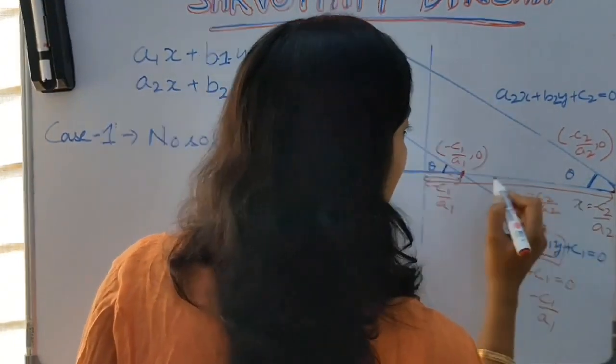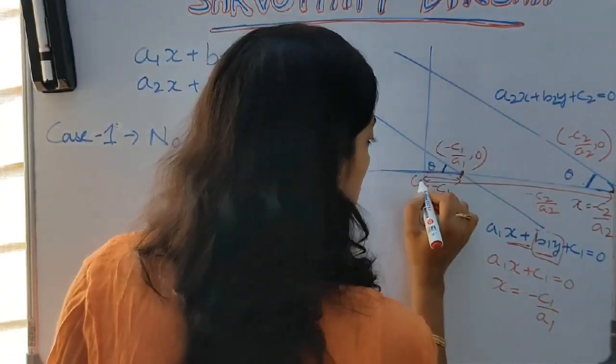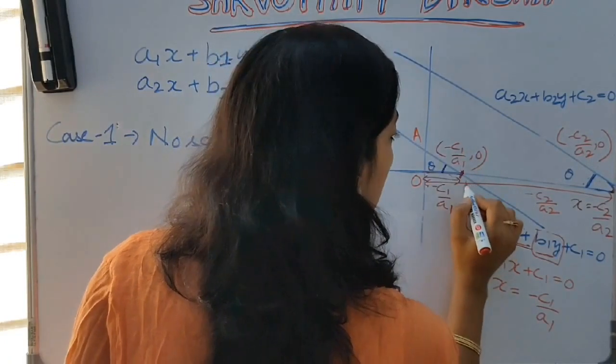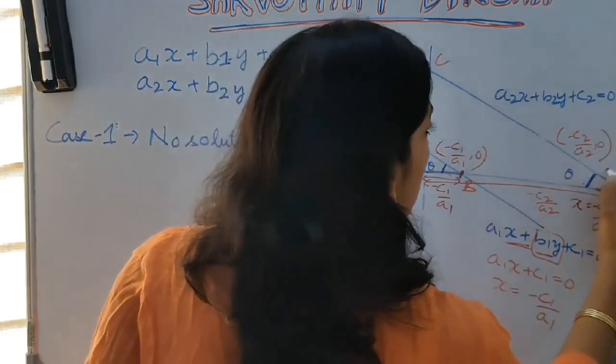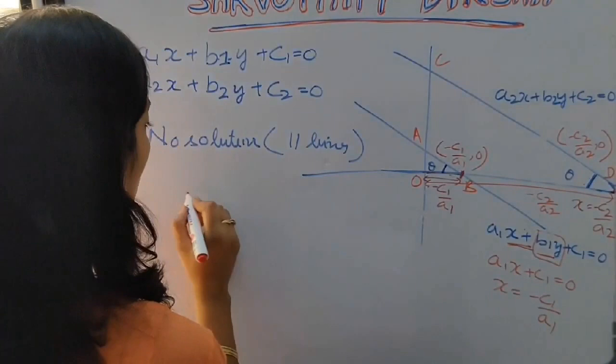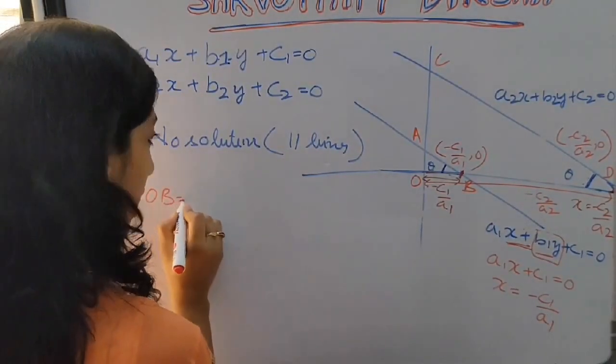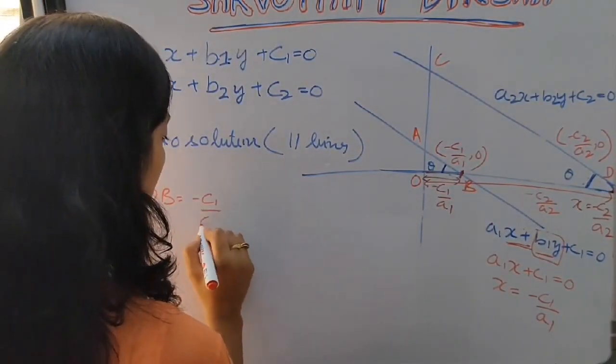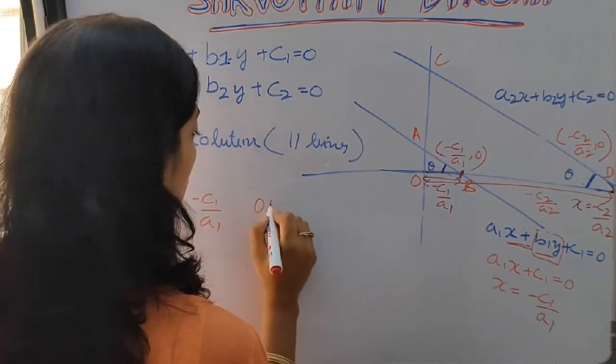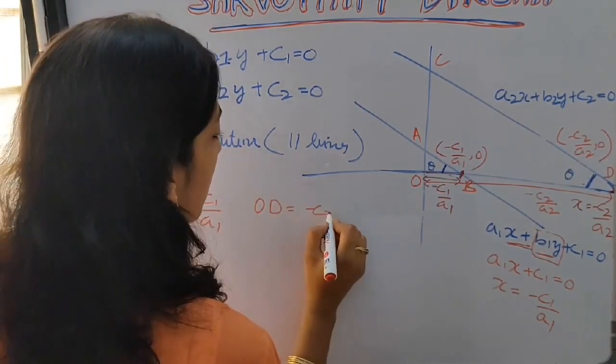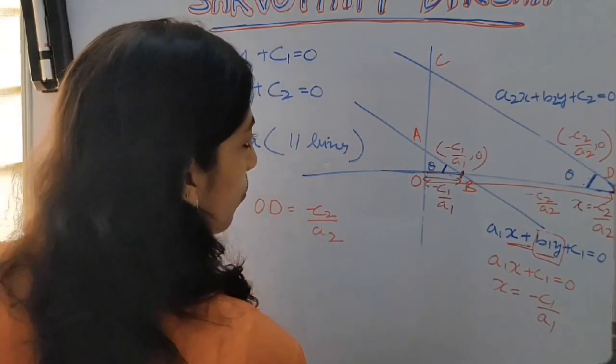This I am talking about this length. Let me name it. If this is O, this is AB and this is CD. So I have OB as minus c1 upon a1. I have OD as minus c2 upon a2.